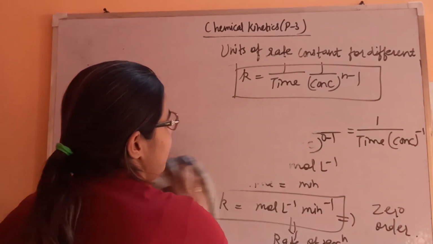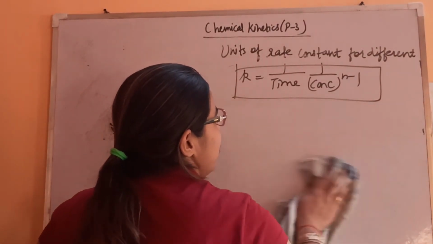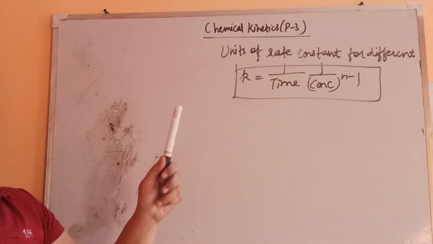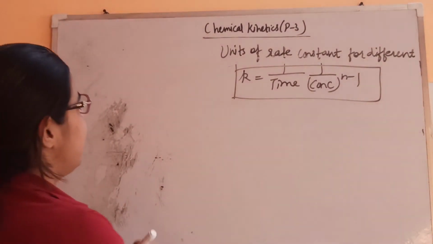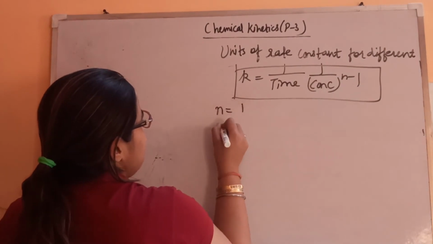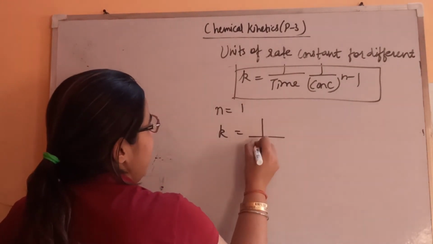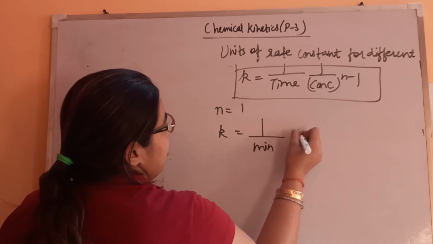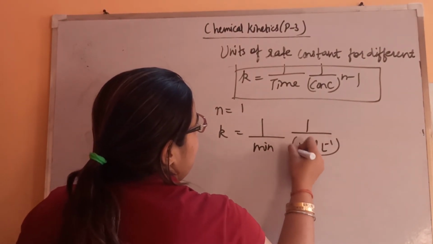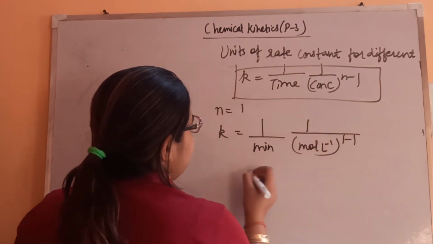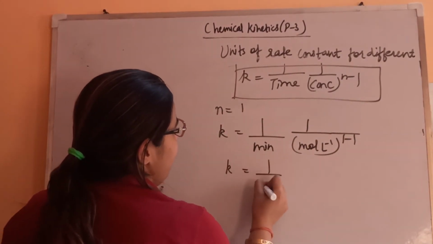N is equal to 1 in the same expression, you will get it. So no need to memorize the units, you just remember this expression and you can easily calculate on your own. So let's say if n is 1, I am now directly substituting minutes, then concentration is moles per liter, 1 minus 1, that is 0, so K is equal to 1 upon minute.